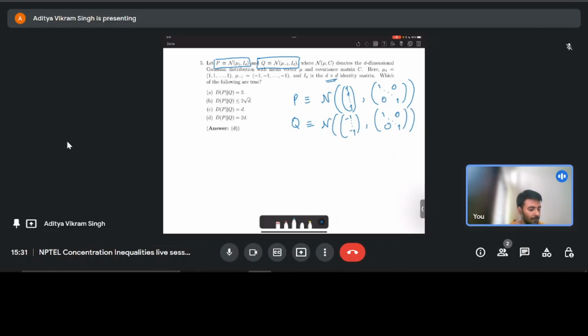And we want to compute the KL divergence. So one way to compute the KL divergence would be, let's write the formula for KL divergence.